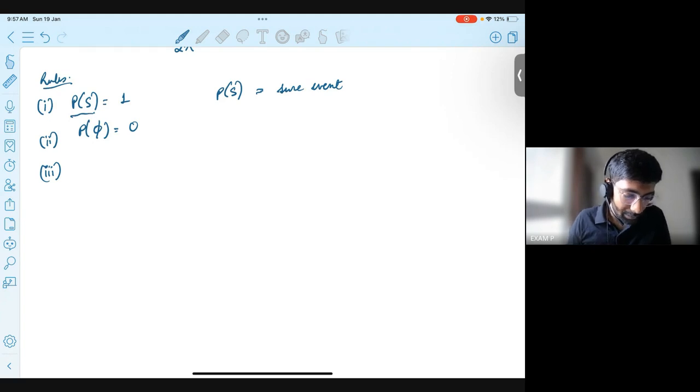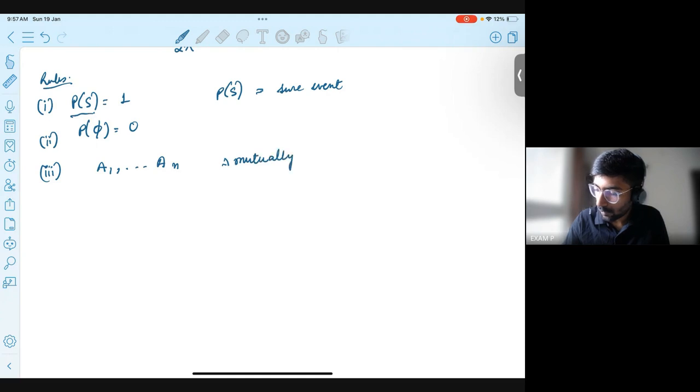Okay. Next, if there are some mutually exclusive events, A1 to AN, then the union probability can also be broken down.